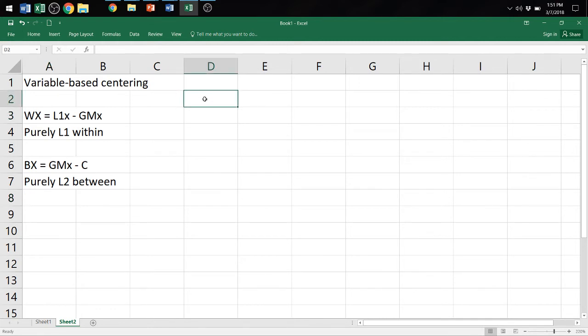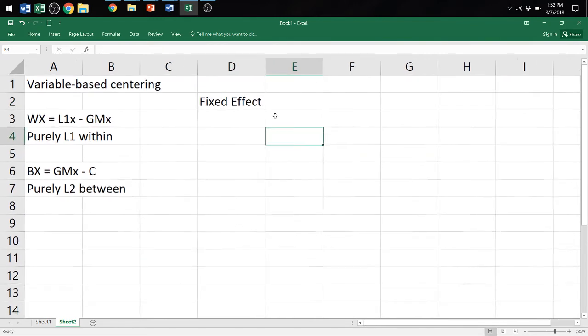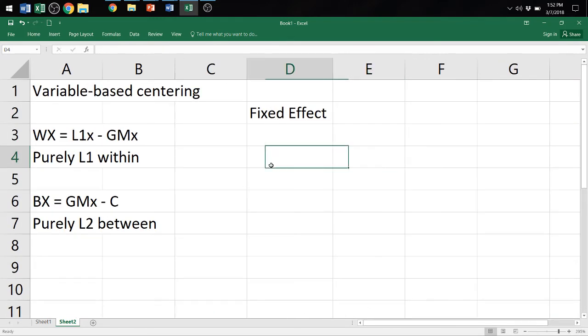So for the fixed effect in the model that you get back, what does the coefficient mean for this within x variable that we've created this way? I'll give you choices. Here are your choices here.